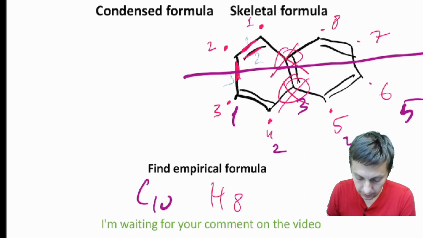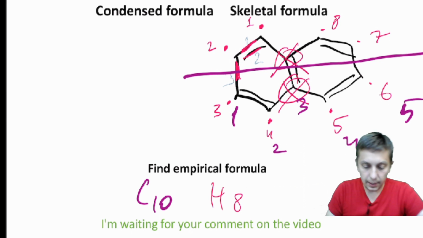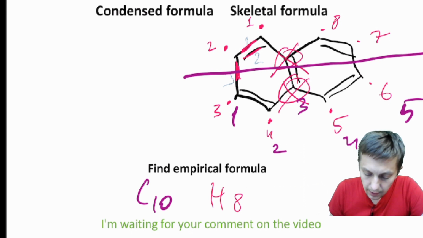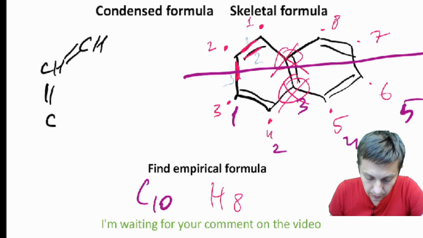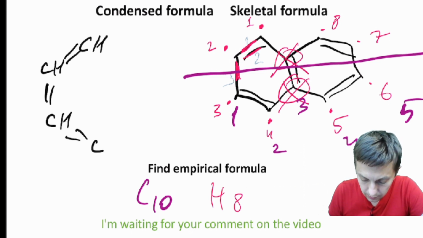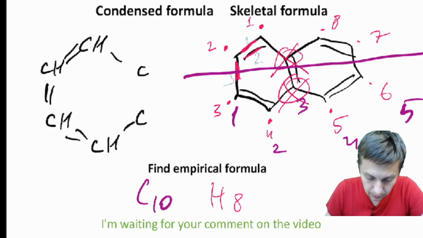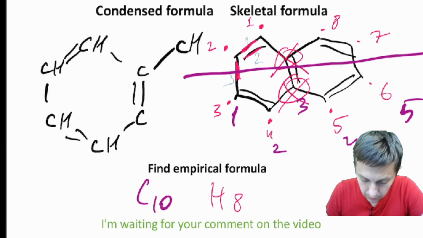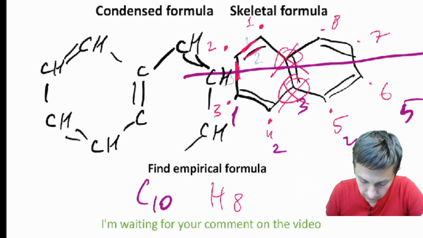So C10H8. The condensed formula would be CH, CH, CH, CH, carbon, carbon, carbon, CH, carbon, CH, carbon, CH.